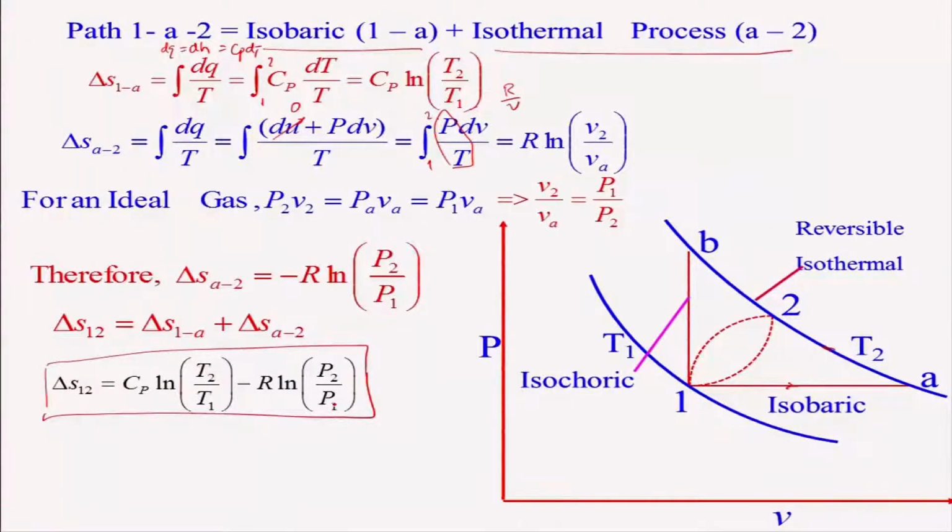So, you can now evaluate the entropy change for an ideal gas by substituting the irreversible process between state 1 to 2 with a reversible isobaric process followed by an isothermal process.